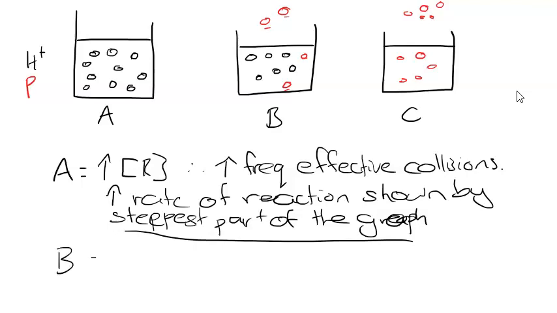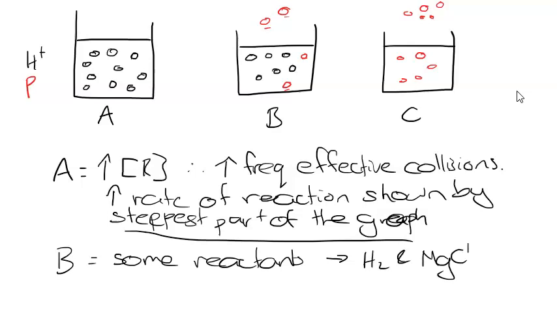Then part B, some of the reactants have turned into hydrogen gas and magnesium chloride. So there are less reactants, and we would say there's a lower concentration of reactants as well.